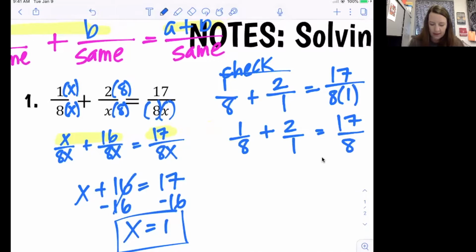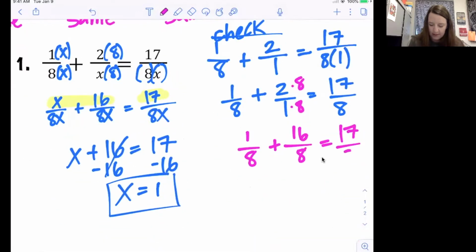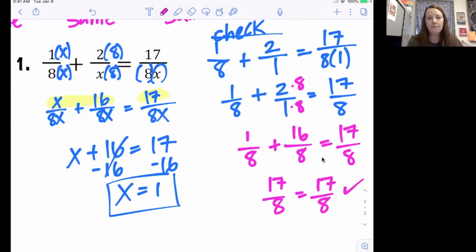Okay, if we convert that 2 over 1 to have the same denominator, multiply by 8 on top and bottom, I have 1/8 plus 16/8 equals 17/8. So we have common denominator. I can do 1 plus 16 is 17/8. And that value did check out.